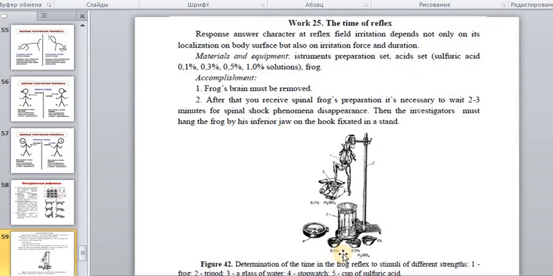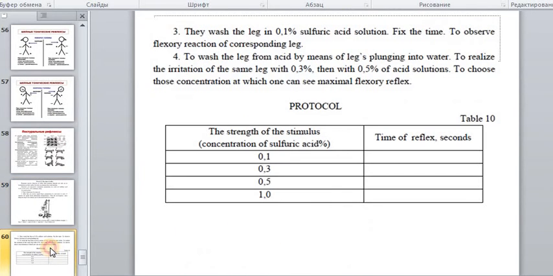It depends on the concentration of acid, and here we just measure the time of the reflex, and if the concentration of the acid solution is higher, the time of reflex will be less.